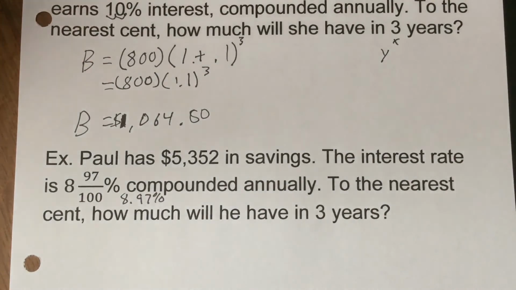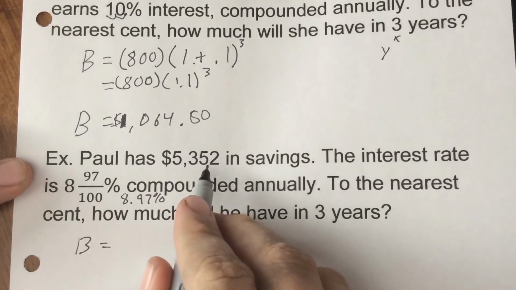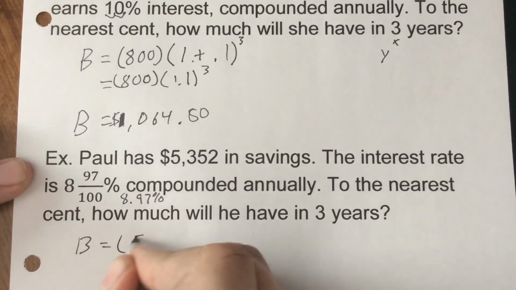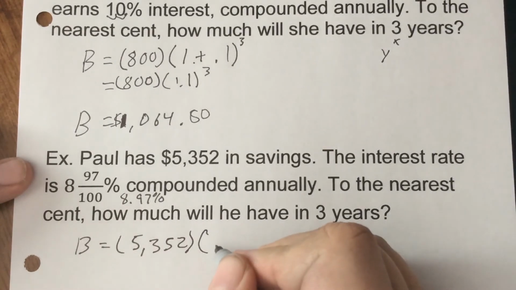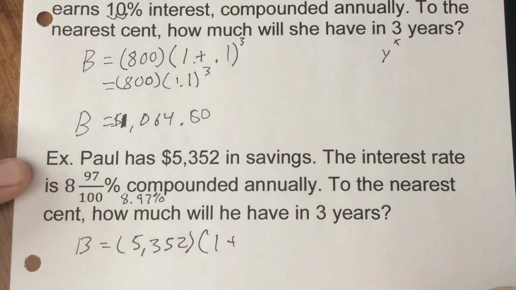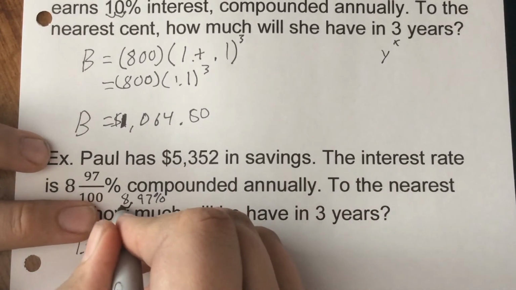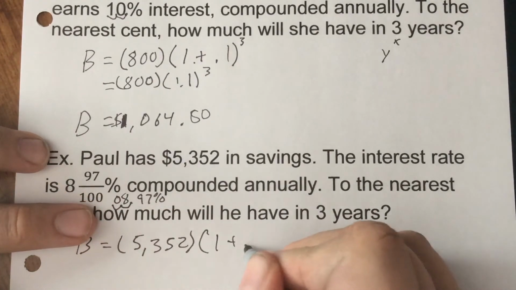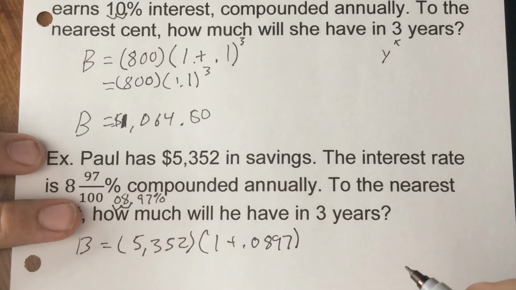Okay. So B equals our principal, 5,352. 1 plus, always do that. Our rate as a decimal, we'd move it once, twice. So 0.0897 is going to be our rate.